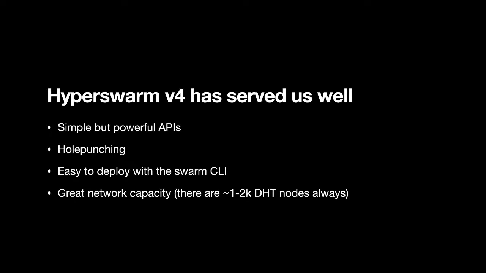What we really like about Hyperswarm in general, especially in V4, is that we spend tons of time on it, but at the end of the day, it's like a 10-line API with a couple methods. So it's super powerful, but obviously has tons of stuff underneath. It's just the tip of the iceberg, but in a good way. We can expose it in a way where it's very easy to understand.